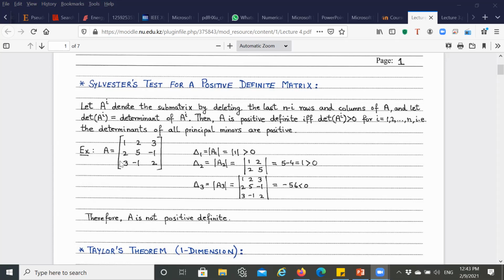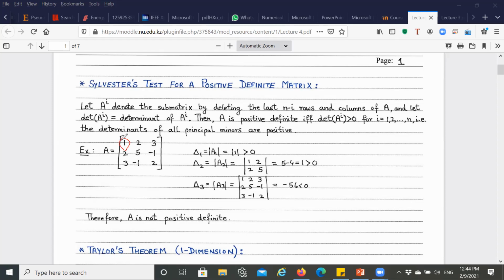So the first principal minor would be the matrix of the size A11. Every time what we do is we only take the first element, so the matrix that we get would be of dimension 1 by 1.